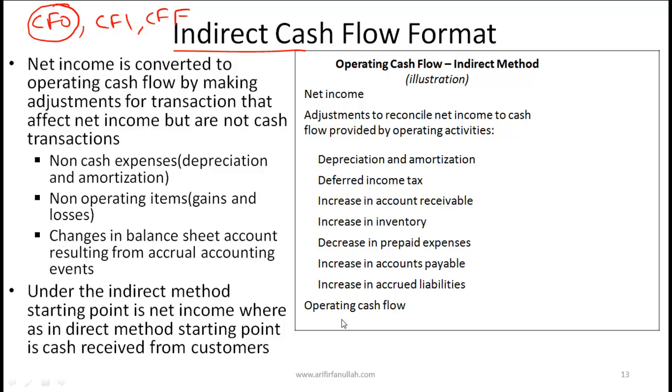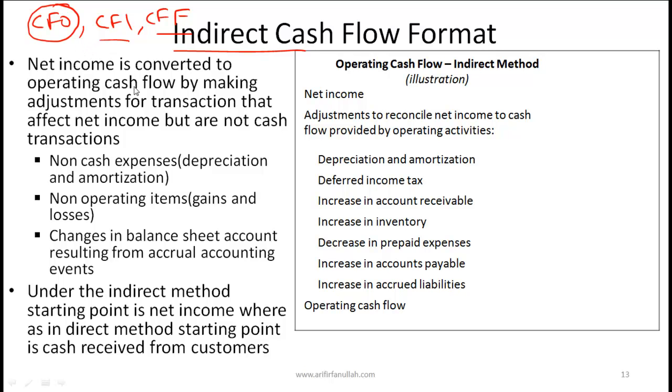We will come up with the same number for CFO that we saw before. CFI and CFF look exactly the same on the indirect cash flow statement, so we don't need to talk about these two components anymore. Since CFO is calculated in a different way, we need to understand how it is calculated.